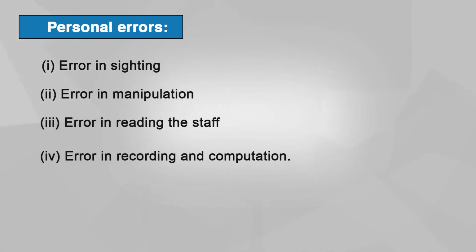We will discuss each error one by one. First one is the personal errors. The personal errors include firstly the error in sighting, next is the error in manipulation, next is the error in reading the staff, and lastly the error in recording and computation.